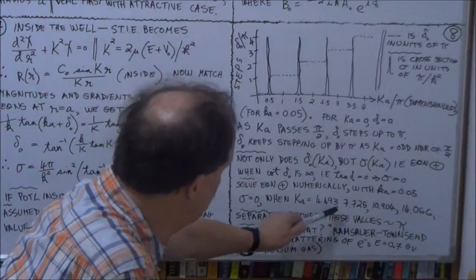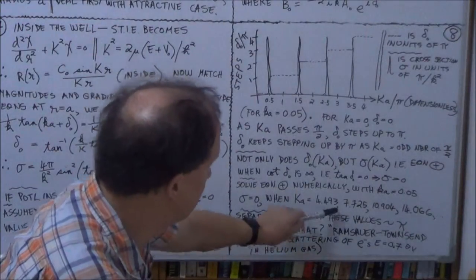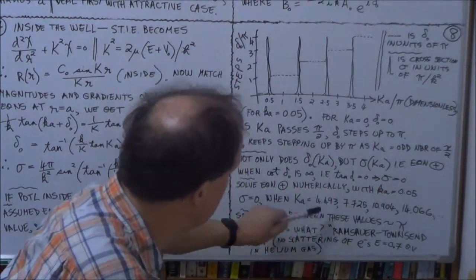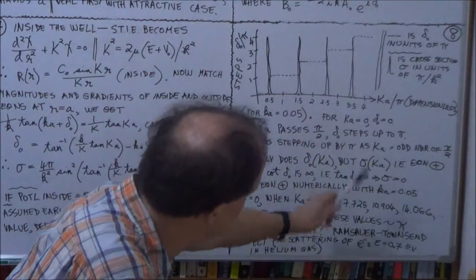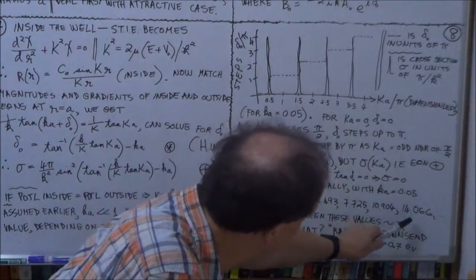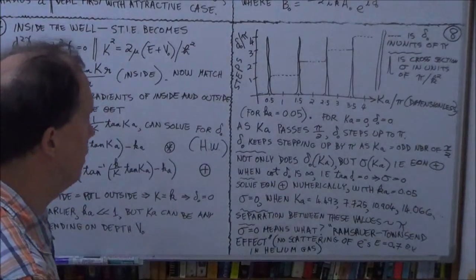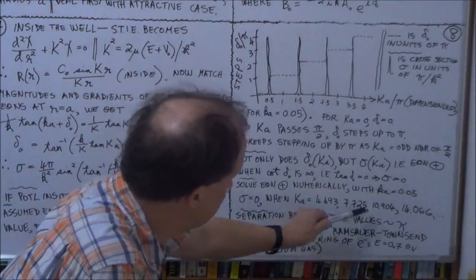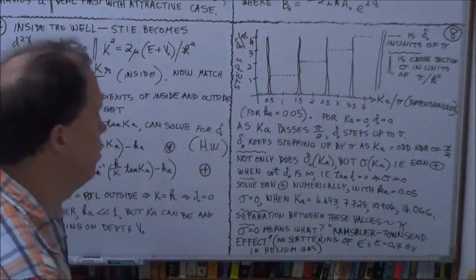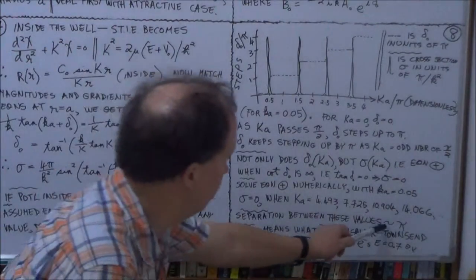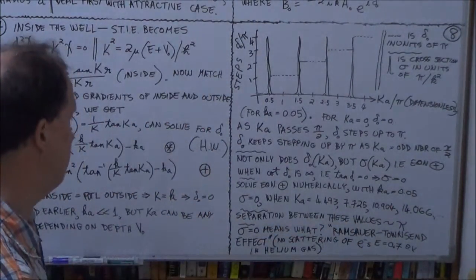Well, you can do that numerically. You need a computer to solve it. You get these values here: 4.49, 7.72, 10.9, 14.06, and so on. Interestingly, if you look at the separation between these values, they're almost pi. So roughly a pi separation.